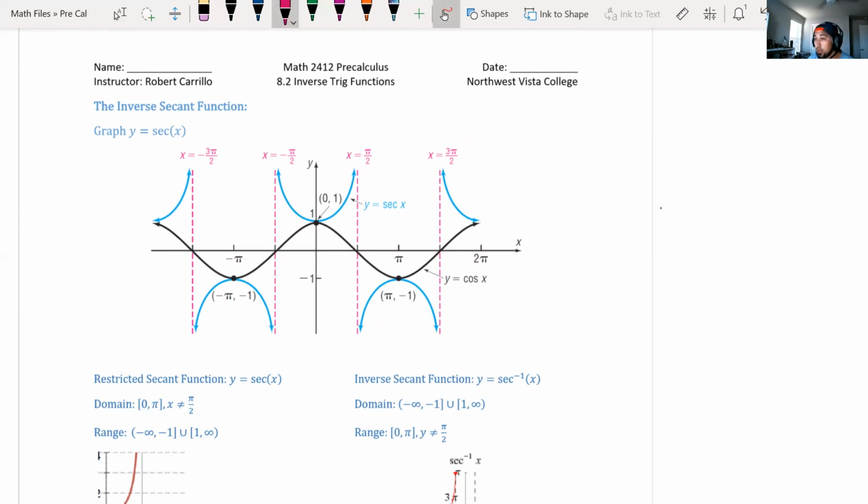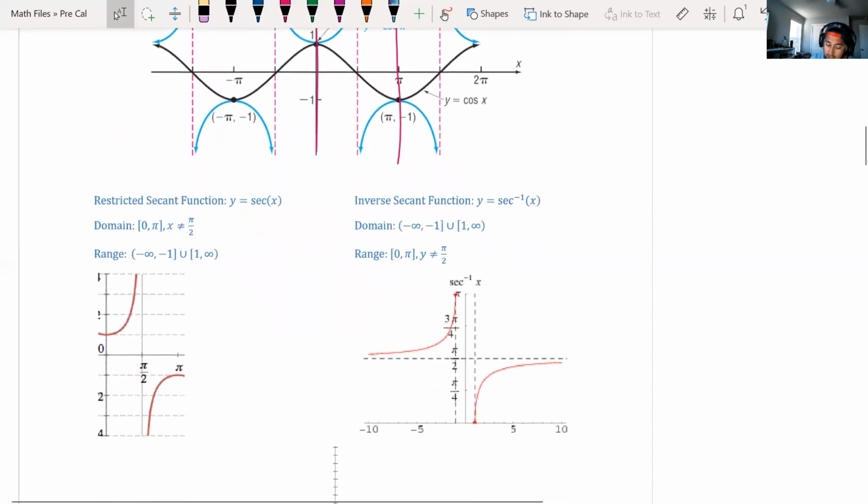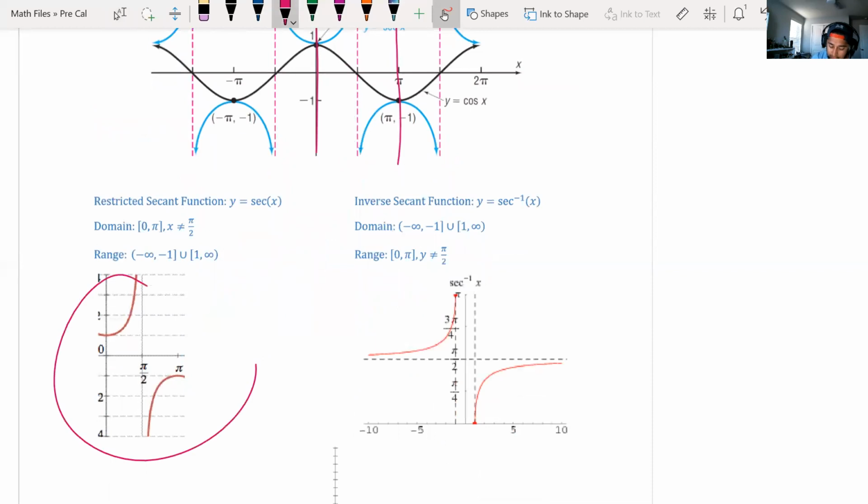The domain that we restrict it to is from 0 to pi. If we restrict its domain from 0 to pi, we end up with this graph, where if you were to draw a horizontal line through it anywhere, you'd only intersect it once.